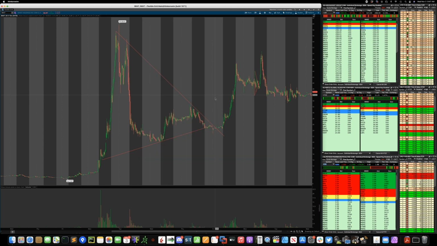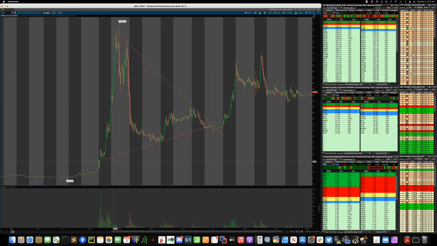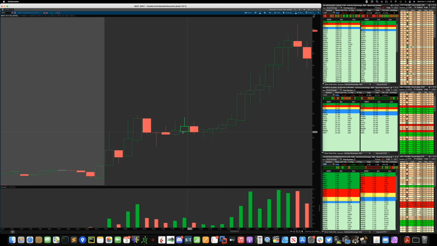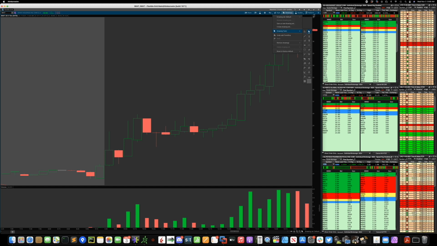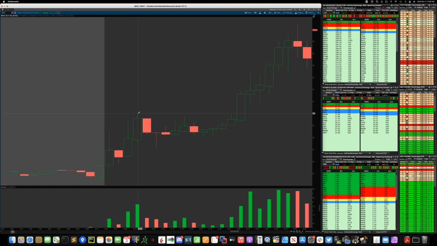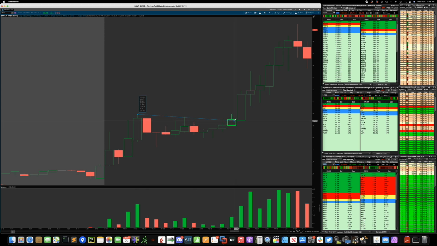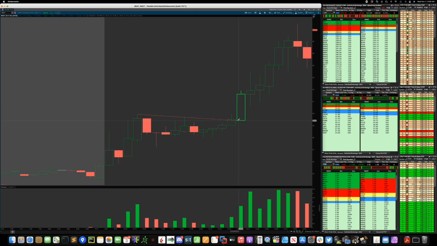And that wedge would basically be a symmetrical triangle. And what I was saying with this one, since that middle test came up close to testing the initial high, this is more of an ascending triangle. But it is still a bit of a wedge here.